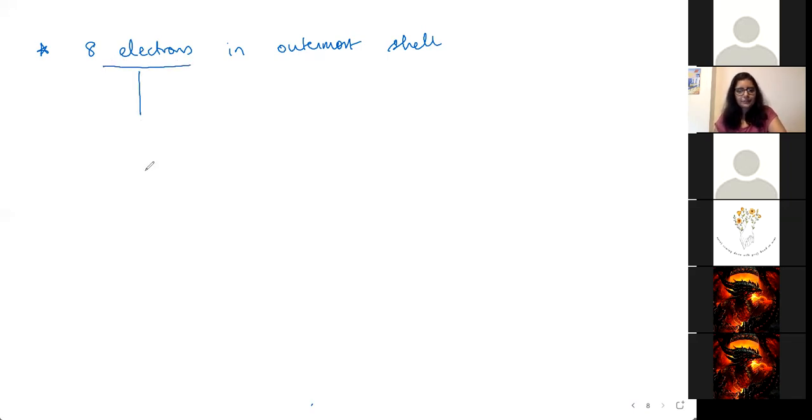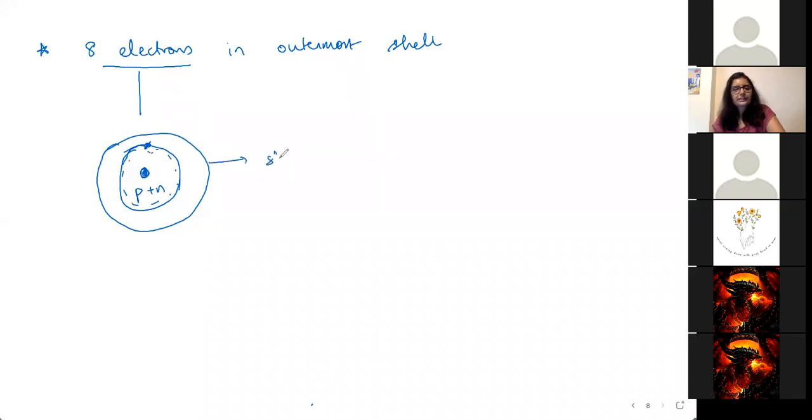Okay. So electrons are part of the atom. So an atom is made up of a nucleus in the center. The nucleus consists of protons plus neutrons, and electrons are revolving in shells around the nucleus. So these regions around the nucleus where electrons are present are called shells.